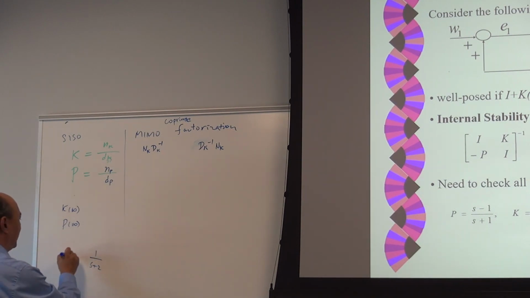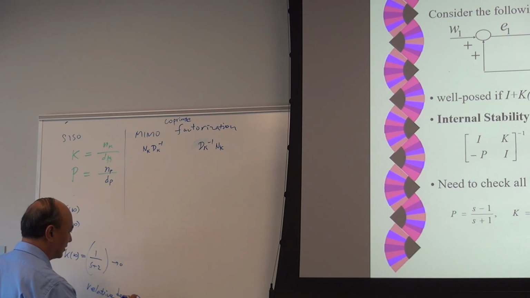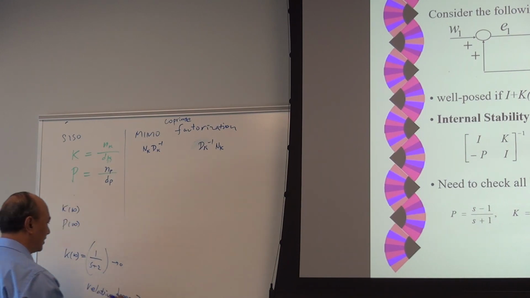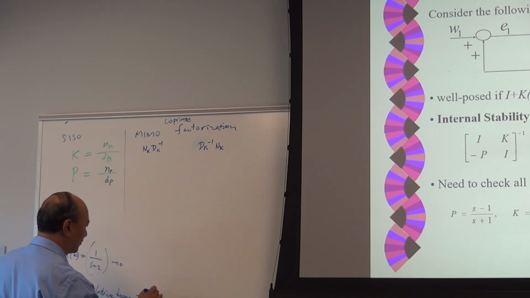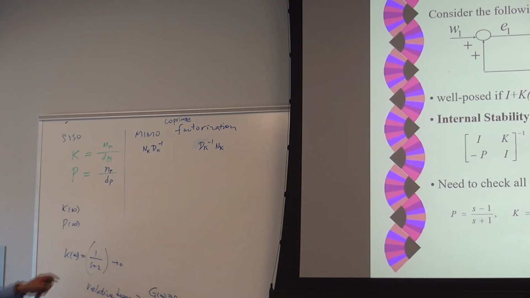This is K infinity, so this one will go to 0, right? If you have a relative degree greater than or equal to 1, then its transfer function at infinite frequency will be 0, because the degree here is higher than here, right?